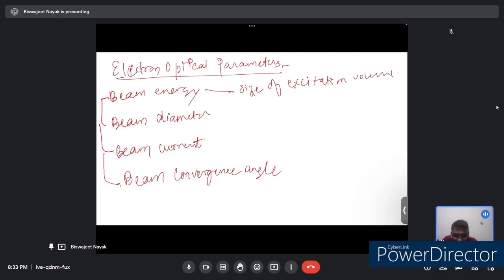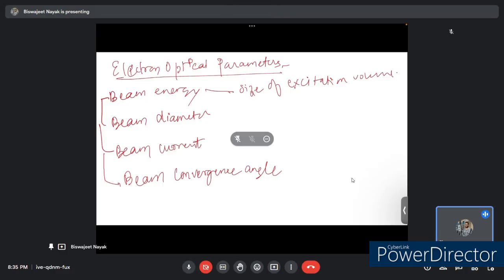So it is very necessary to choose this parameter carefully and set it to an appropriate value. Frequently the beam energy used is several thousand electron volts or higher.